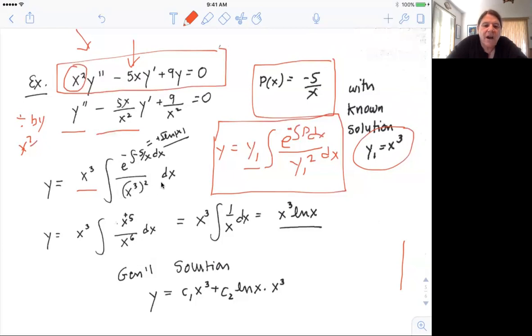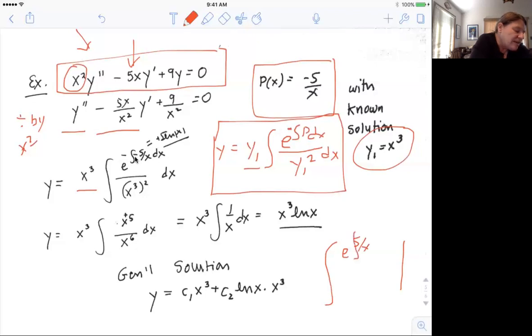Okay. Now, if I look at the numerator, this is not so bad. If I do minus a minus, that's plus. All right. And I'll do a little bit of work right down here on that, just so you see what I'm doing. It'll be e to the integral 5 over x.